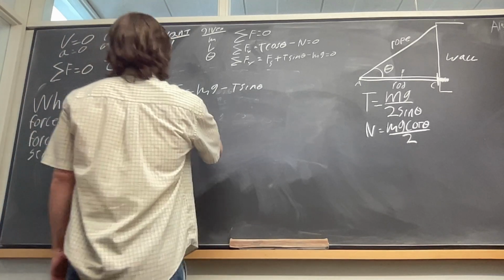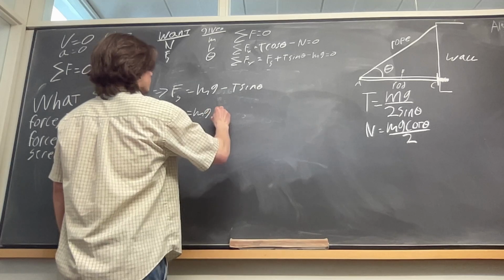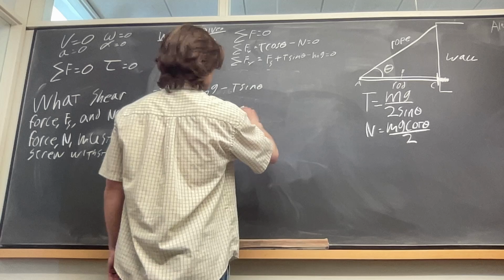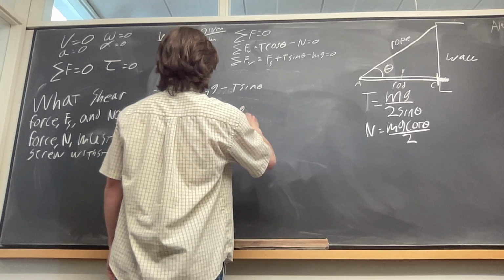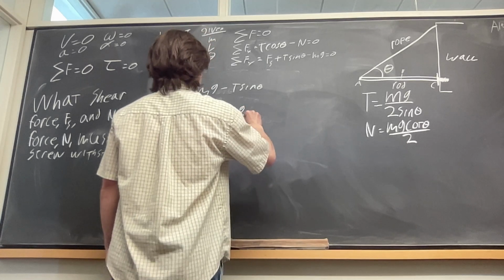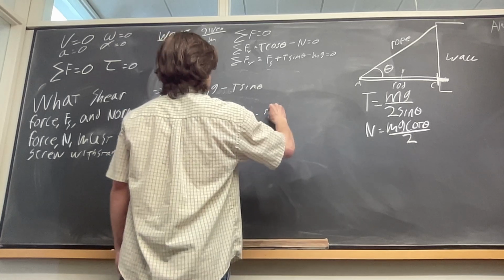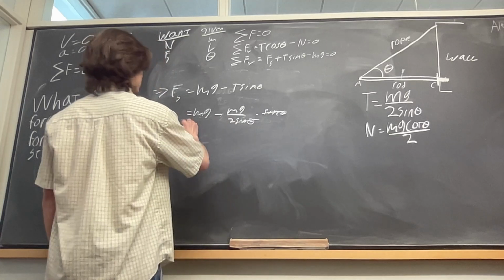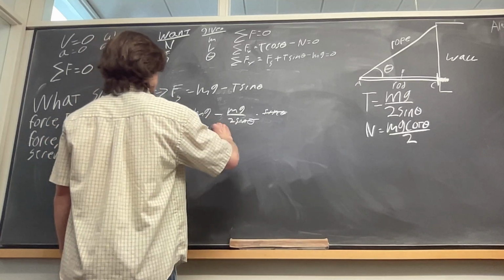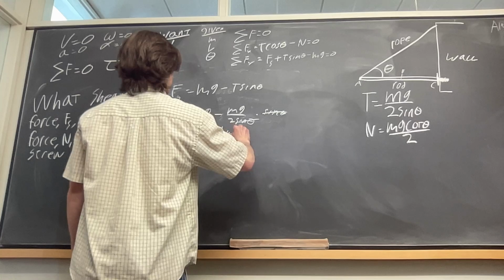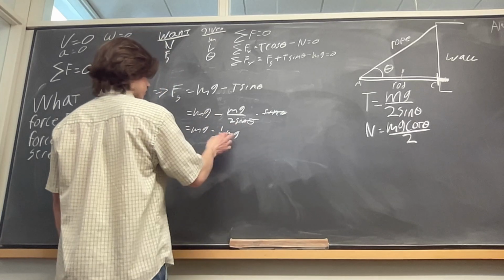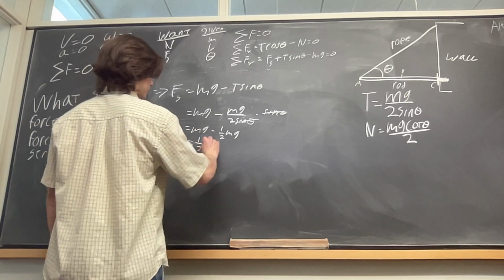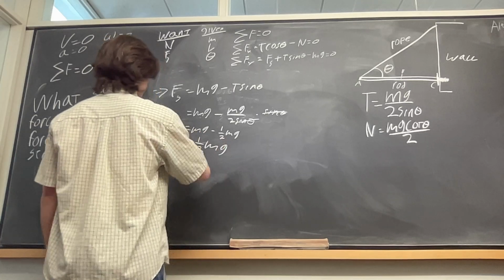You plug in the tension that we solved for, and you get mg over 2 sine theta times sine theta. Those sines cancel out, and so then we just have mg minus 1/2 mg, that's just 1/2 mg, and that's our shear force.